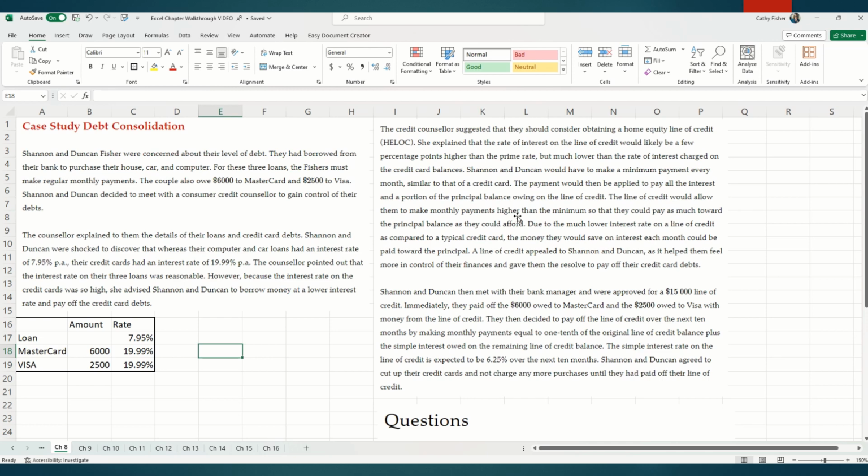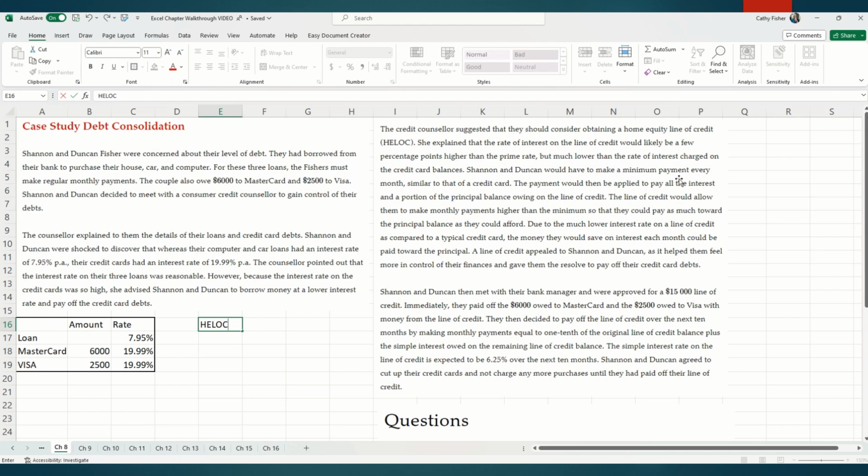We're still looking at what the credit counselor is talking about. She suggested that they should consider obtaining a home equity line of credit. Let's put some information on the home equity line of credit. She explained that the rate of interest on the line of credit would likely be a few percentage points higher than the prime rate, but lower than the rate of interest charged on their credit cards.